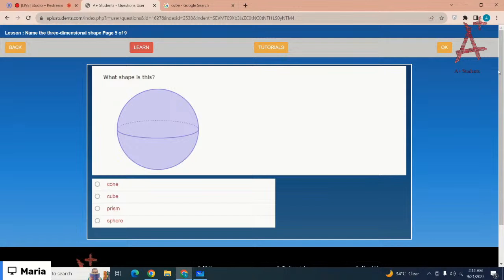The correct option is, yes, that would be a sphere, right? The correct option is sphere. The last option is the correct one.